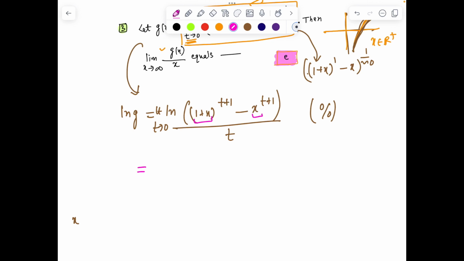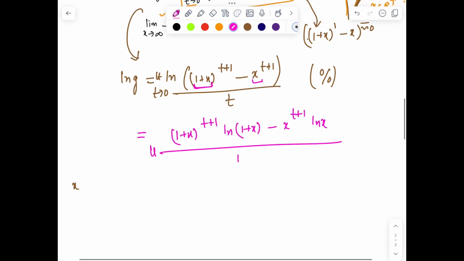As t tends to 0, 1 plus x is treated as a constant, so its derivative, you can think as if it is 5 to the power t, so 5 to the power t ln 5. So it's (1 plus x) to the power t plus 1 ln(1 plus x) minus x to the power t plus 1 ln x, divided by the derivative of t, which is 1, limit t tends to 0. Now we are very lucky because at this step the limit is already gone.